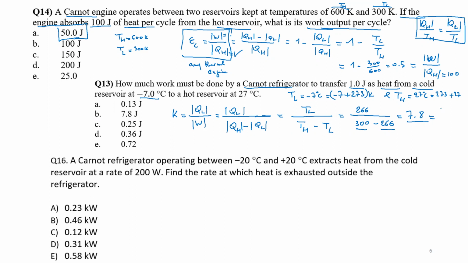But I know already that this is equal to QL, which is the heat that I am removing from the cold reservoir in absolute value, which is 1 joule, divided by the work.